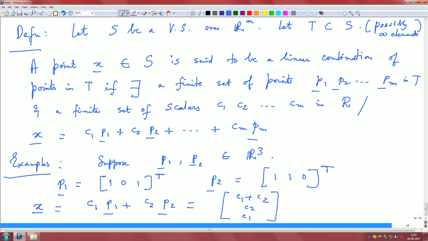Now, can you formulate X, say suppose it is given as 5, 2 and 6, from P1 and P2? Obviously not, right. You want C1 plus C2 to be 5, C2 is 2 and C1 is 6. It is not possible. You cannot think about this as a linear combination.